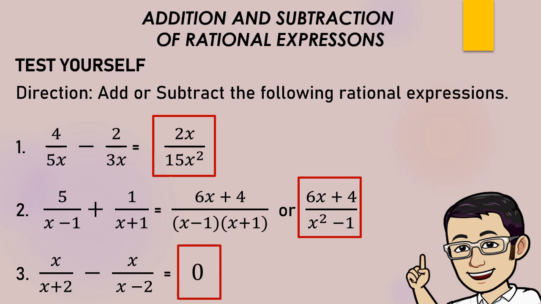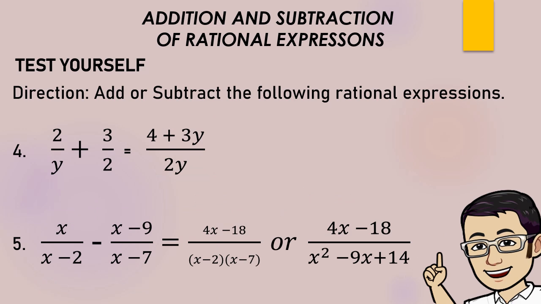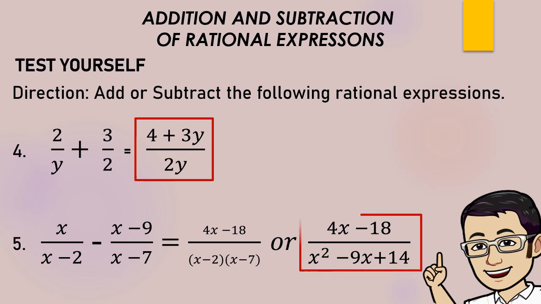Next. For number 4, the answer is 4 plus 3y over 2y. And for number 5, we have 4x minus 18 over x squared minus 9x plus 14. Did you get all the correct answers? Great job.